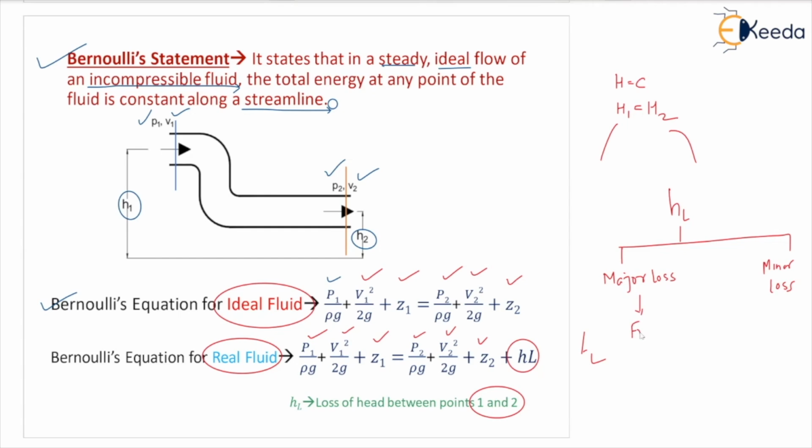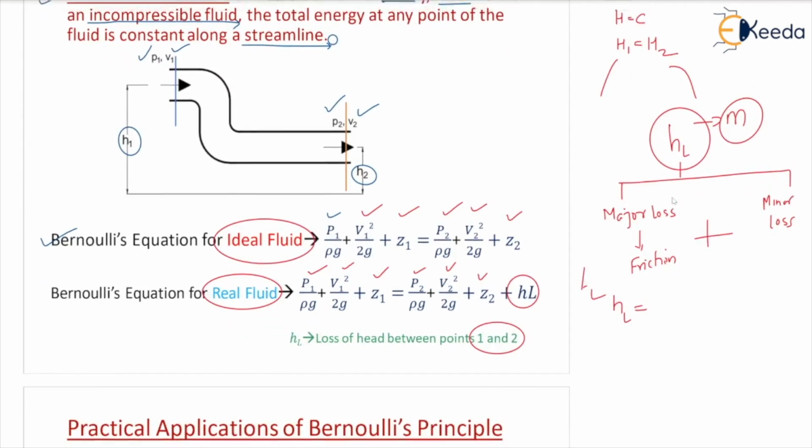Major loss is due to friction, and minor losses are due to sudden contraction, sudden expansion, bend in the pipe, presence of obstruction in the pipe, exit loss, inlet loss. There are so many minor losses. In HL, you have to add all the losses, major loss plus minor losses, and sum them in place of HL in meters. Okay, this will be very clear when we solve the numerical. Thank you.